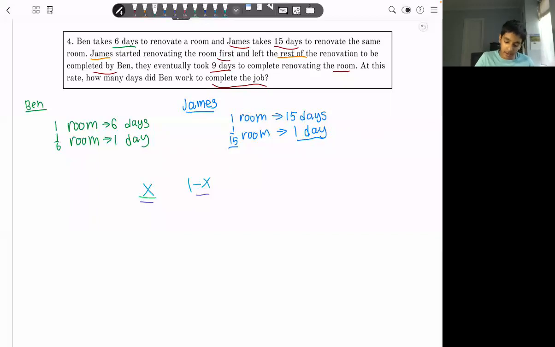Well, the idea here is that since he needs to do X rooms, it's just going to be X over 1/15.